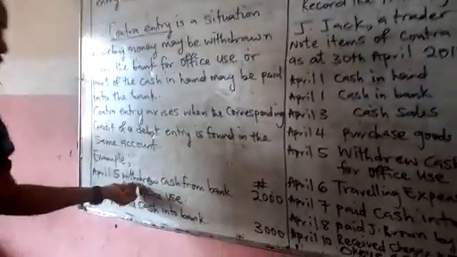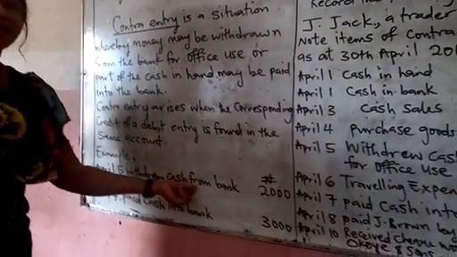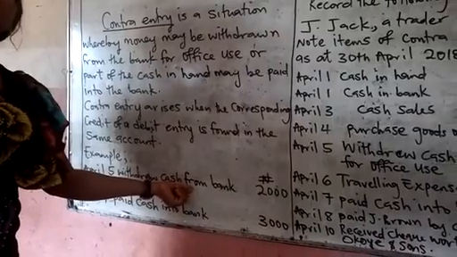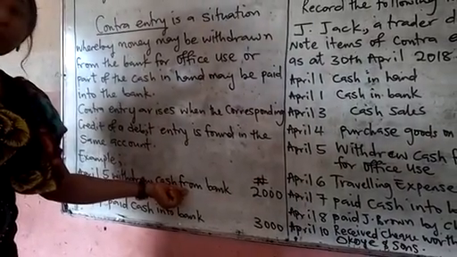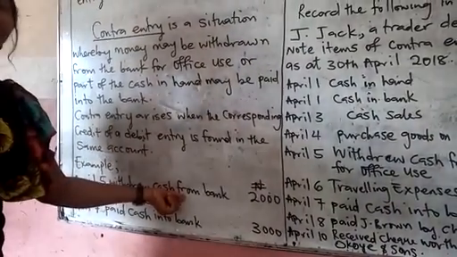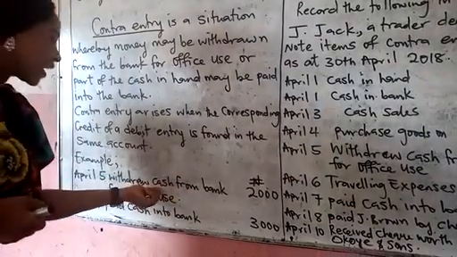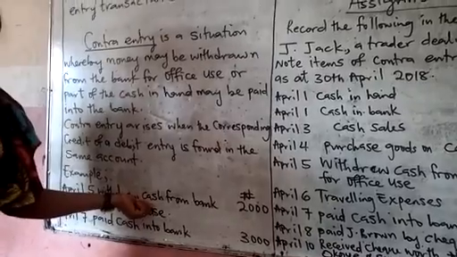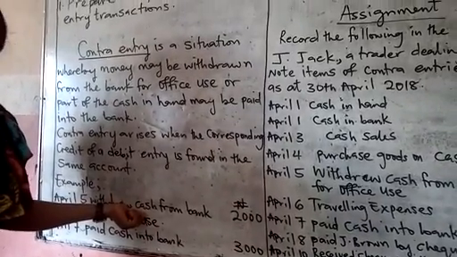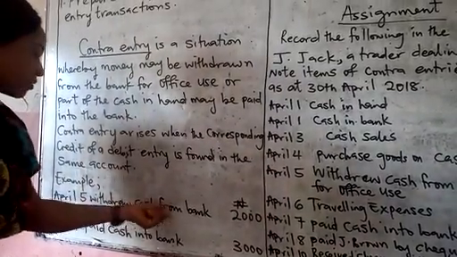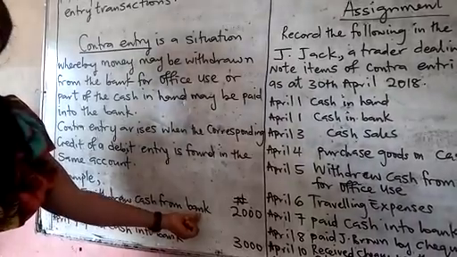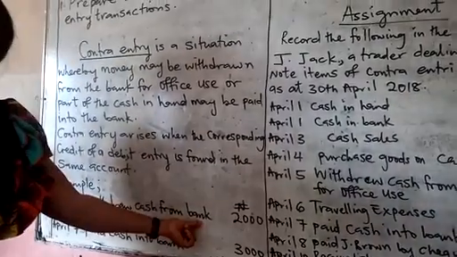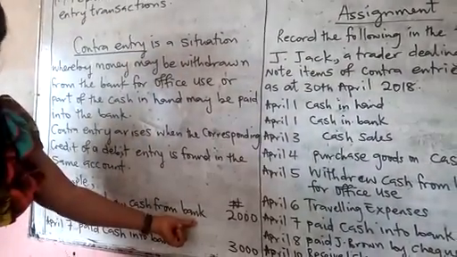April 5th, withdrew cash from bank. Cash is withdrawn from the bank. In this situation, the cash is debited for being the receiver of the sum. Then bank will be credited for being the giver of the sum. And that is what we did here.